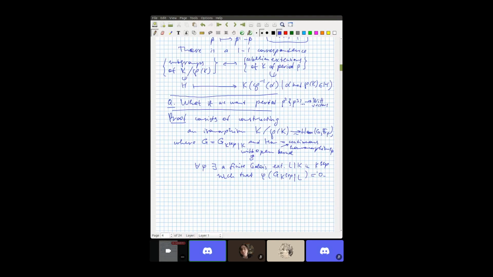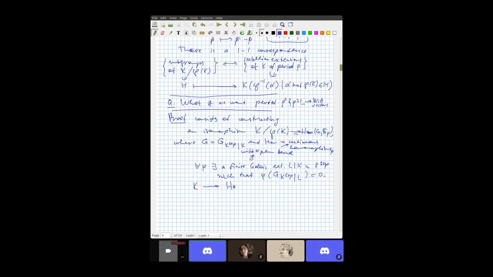Now how can you construct this isomorphism? Of course there is a map, constructed precisely the same way as before.